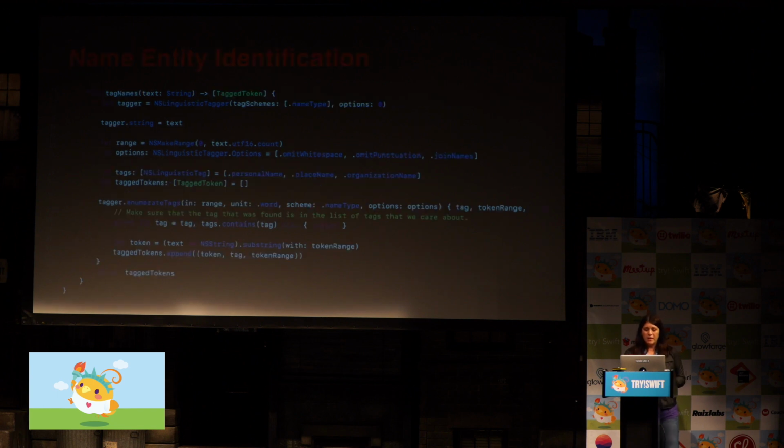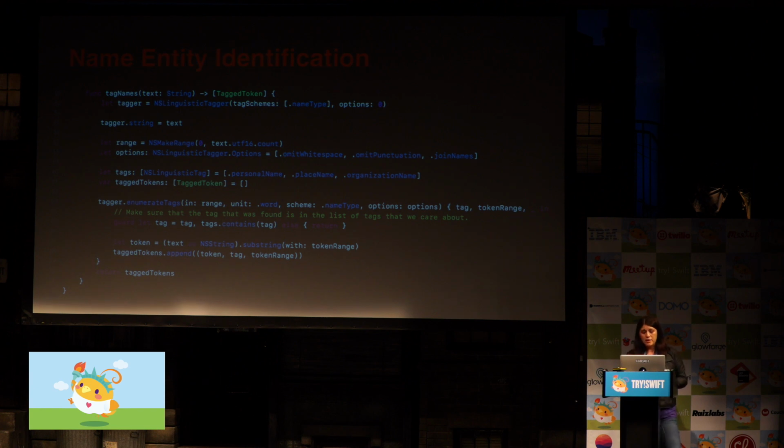So named entity identification is not very different. In this case, we know which tag scheme we want to use, so we can specify that when we initialize the tagger. Again, we pass in the string and the range. What's a little bit different here is under options, we're including joinNames. So if we're going through a text that contains personal names, we will join first and last, or maybe a city like New York, where it's multiple words, we'll make sure to join those as one.